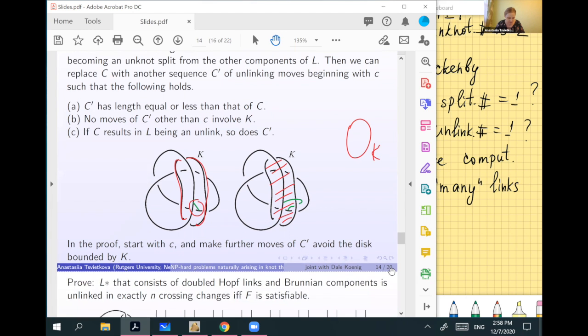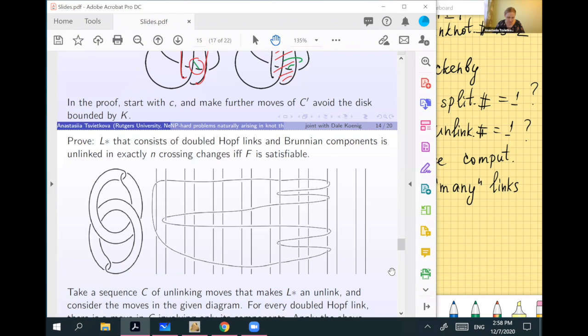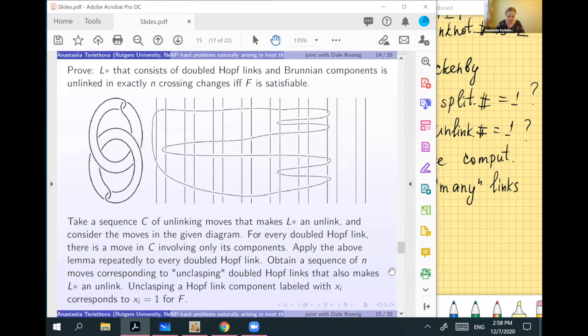And using this lemma, we take a sequence of unlinking moves that makes our link an unlink, in an arbitrary diagram. But we know that for every double Hopf link, no matter how the diagram looks, there is a move involving only these components, because you can't unlink this link otherwise.